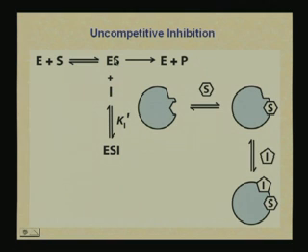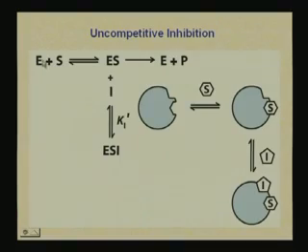Do you understand the distinction between each of the reversible inhibitors? In competitive inhibition, the reaction was only with E. In non-competitive inhibition, the reaction is with E or ES. In uncompetitive inhibition, it is only with ES. That is the difference between these.